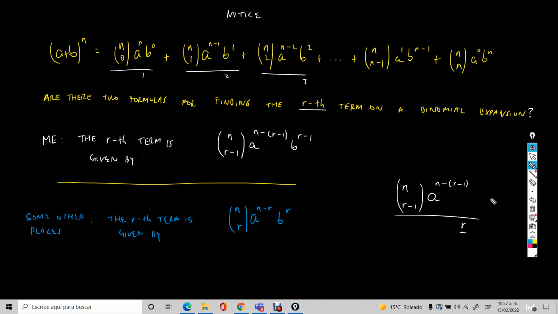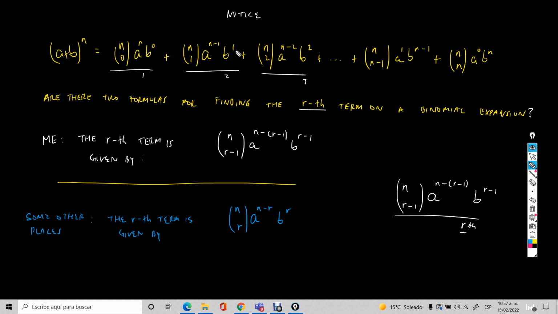It also follows the pattern, so try to understand why this is true. And times b raised to what exponent? To r minus 1, because this number is also always 1 less than this. Can you see? So that's it, guys. That's how you get the rth term, by just a process of induction.